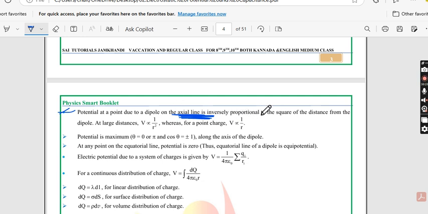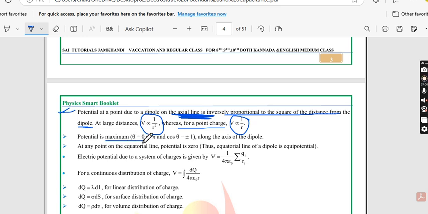At large distances, V is inversely proportional to the square of the distance from the dipole. V is inversely proportional to R square, whereas for a point charge V is directly proportional to 1 by R.